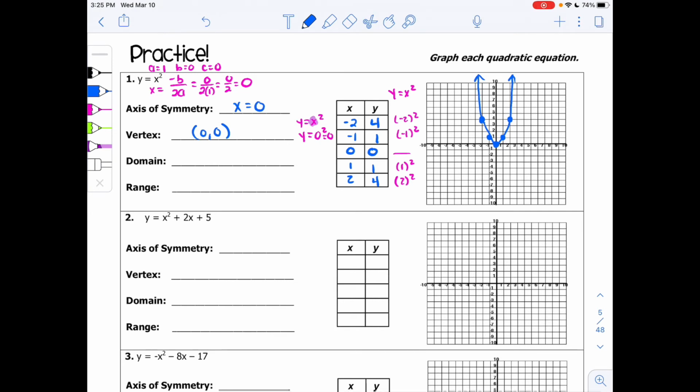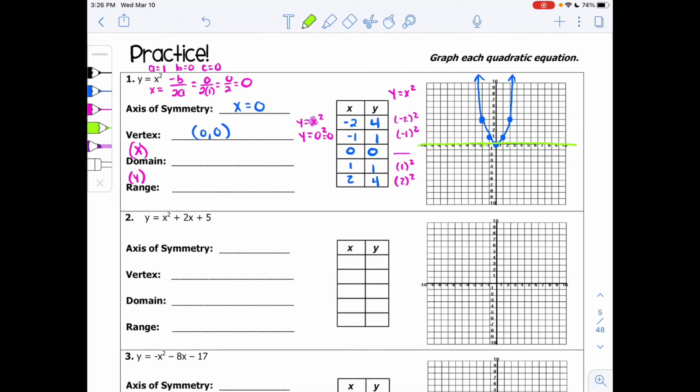Now let's talk about domain and range. Remember, from previous lessons, we know that domain is our x values and range is our y values. So, for our domain, going across our x-axis, we look up and down to see if we can hit our graph. So, going across the x-axis, if I'm here and I go up, I do hit my graph.